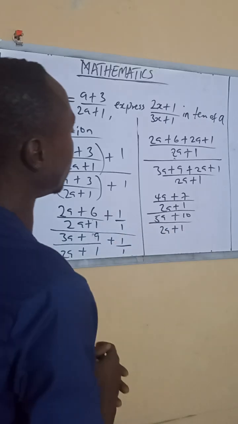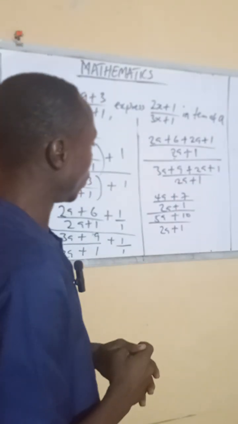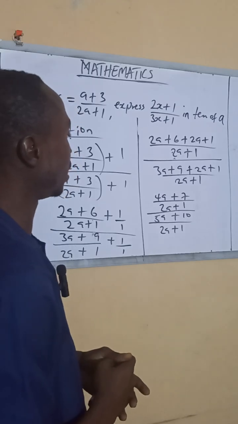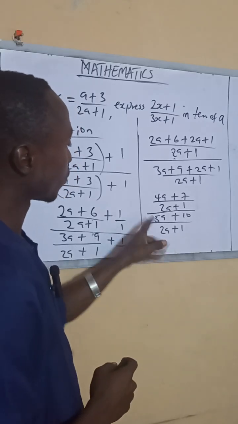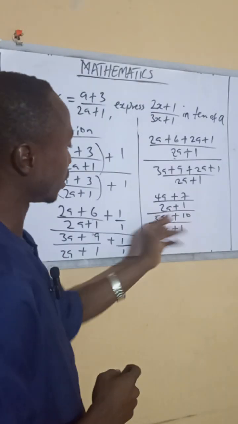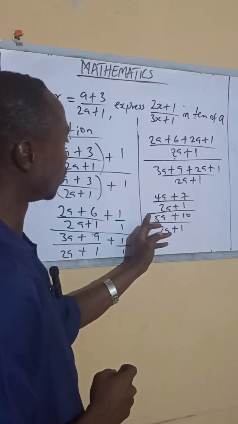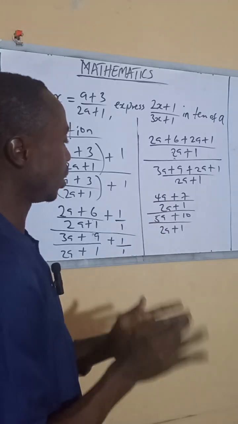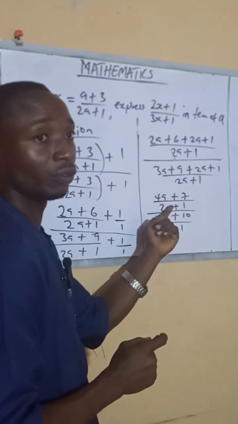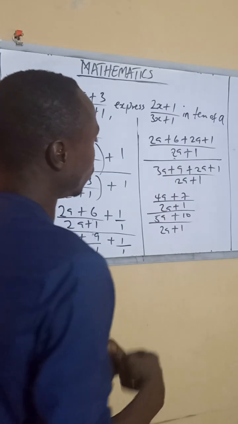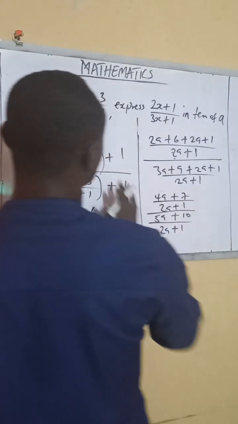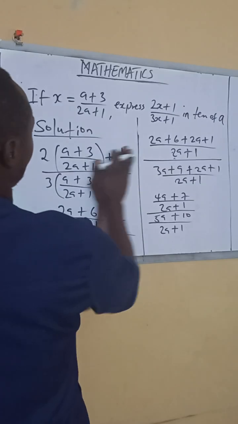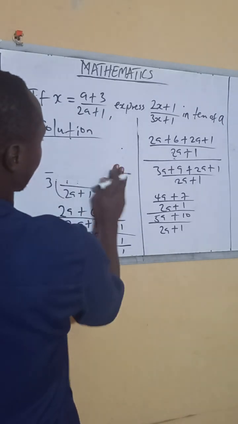Now, having done this, the next thing to do is we ought to divide them, because if you look at it now, we can't do anything other than this. We have a division sign here, and this division sign means that we're going to divide the whole of the first one by the whole of the second one. Let's do that here.